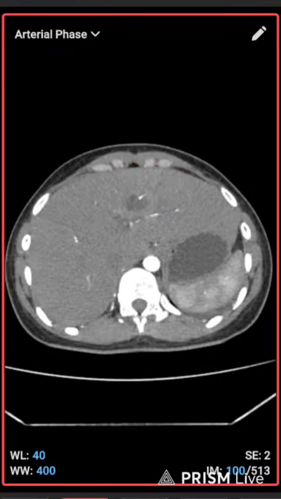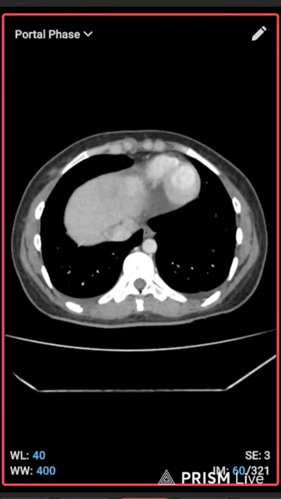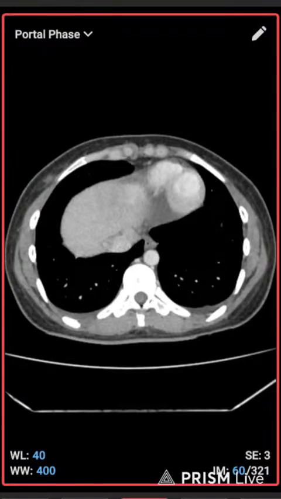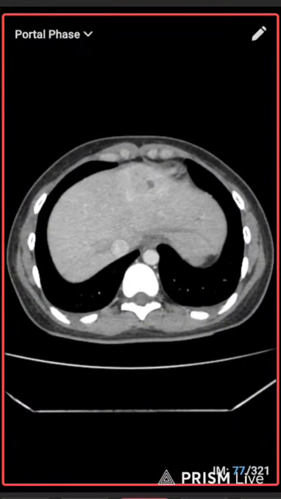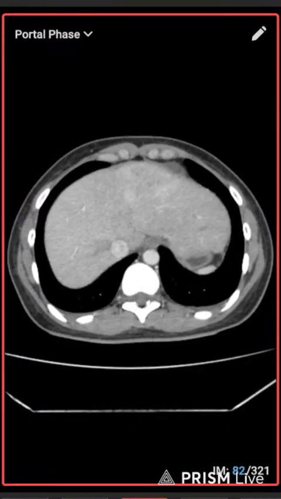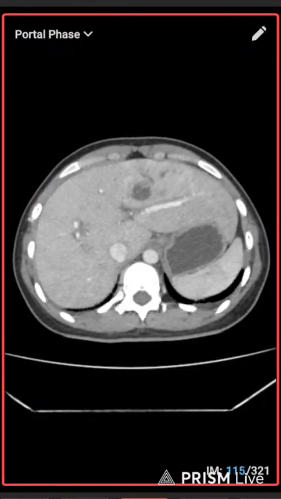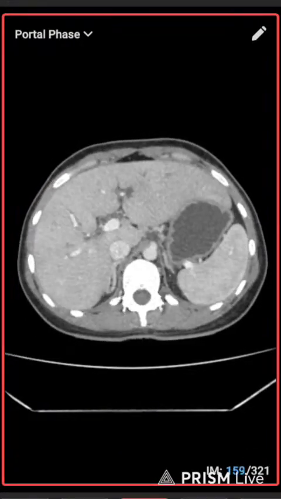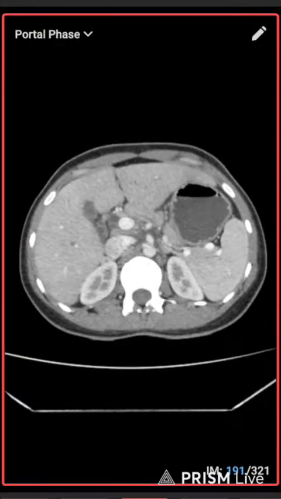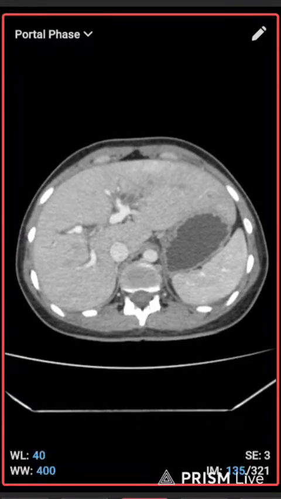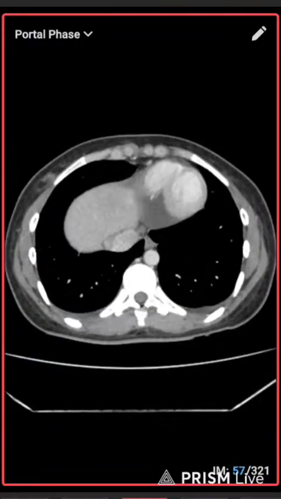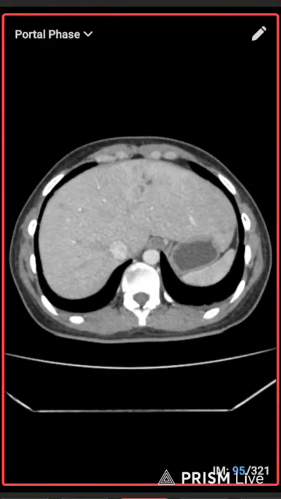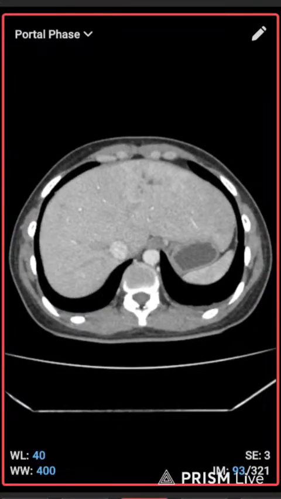So if I go to the portal vein scan, the portal phase, you will see the exact tumor area, because lots of tumors react in the portal phase. So it will be easy to identify the tumor.